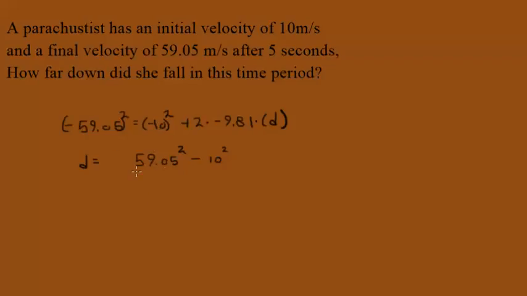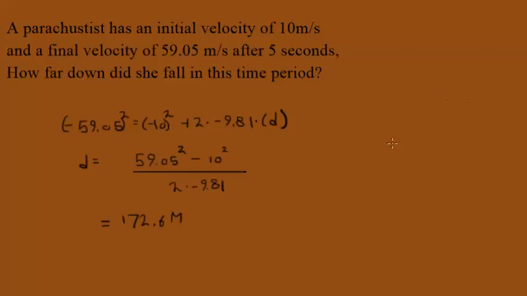Subtract this term and divide by 2 times minus 9.81. And that'll be our final value for distance. And so we have a value of 172.6 meters.